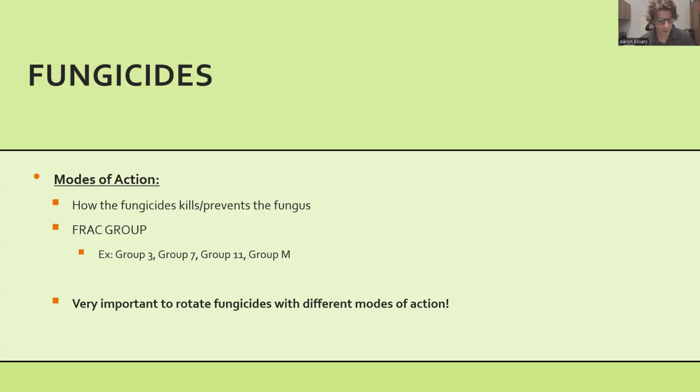Now, it's important that you always rotate your modes of action because the fungus will develop a resistance to that mode of action. I mean, it's evolution. If you spray your grapevines with a group 3, for example, there always is a chance that there's a tiny little living spore that was immune to it.